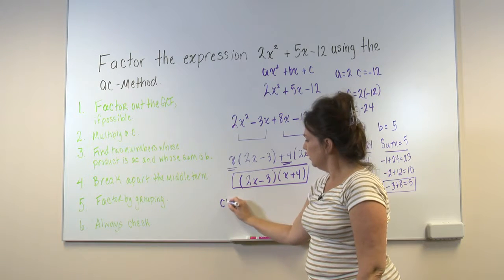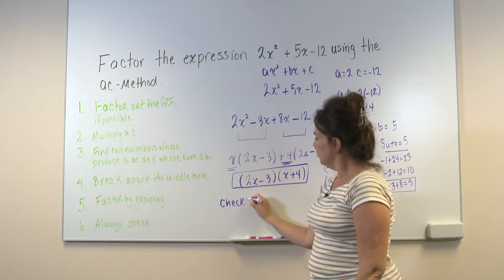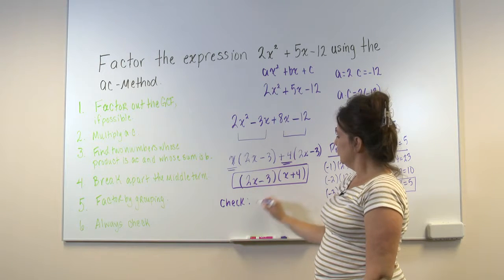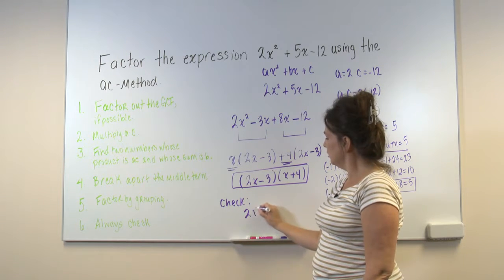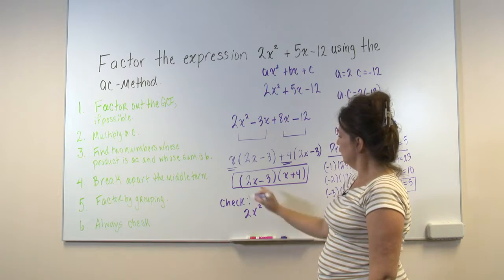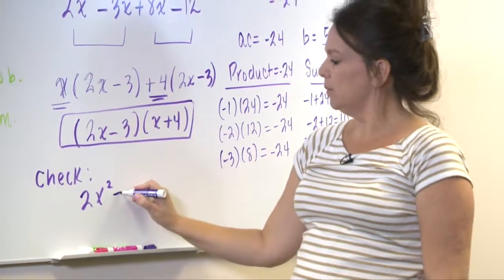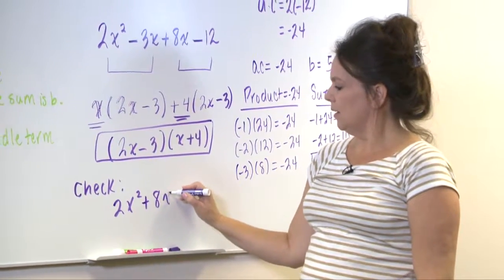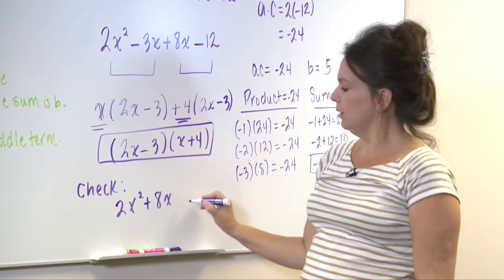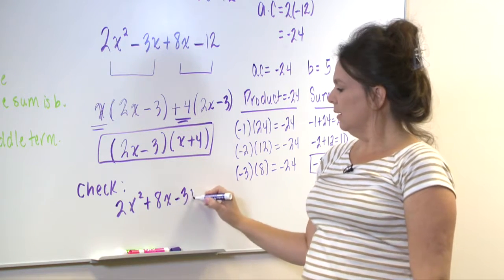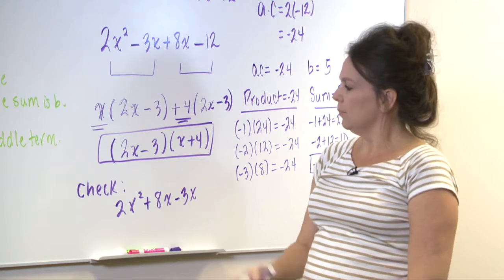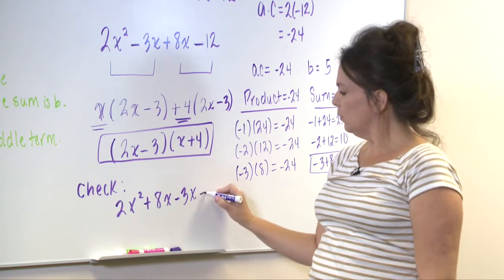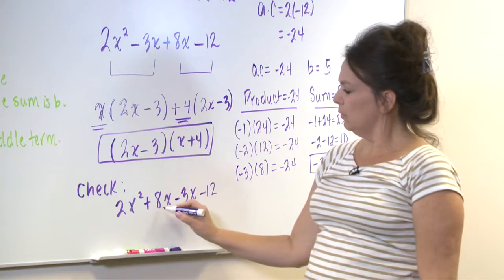So if I check, I am going to multiply the factorization. 2x times x is 2x squared. 2x times 4 is 8x. Negative 3 times x is negative 3x. Negative 3 times 4 is negative 12.